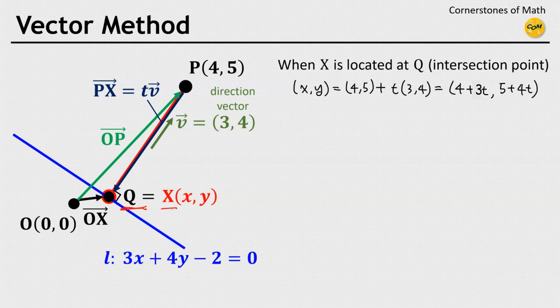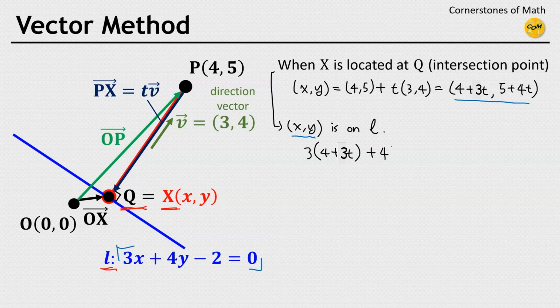When our arbitrary point X coincides with Q, point X not only lies on line PQ, but also on line L. Therefore, point (x, y), which is given like this, must satisfy the equation of line L. So we have 3 times (4 plus 3t) plus 4 times (5 plus 4t) minus 2 equals 0, which simplifies to 25t plus 30 equals 0.